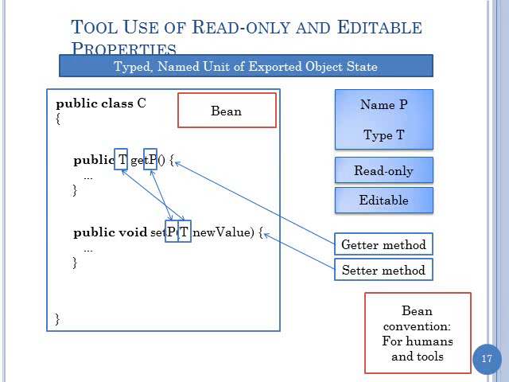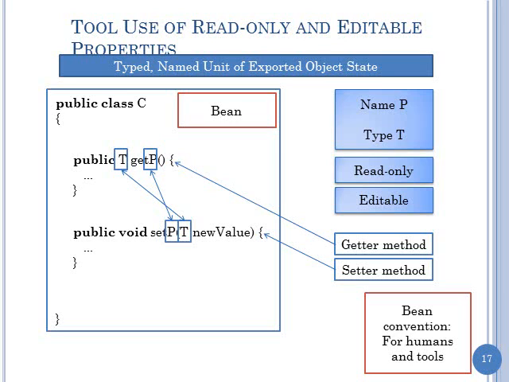And Object Editor tries to do some of those things, but compared to human beings, it's a stupid program, right? So you have to be a little bit more careful about the rules. So these rules I gave you for getters and setters have to be followed literally. Otherwise, Object Editor will get very confused.